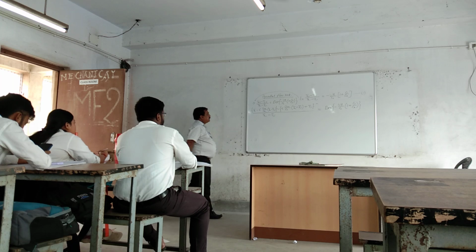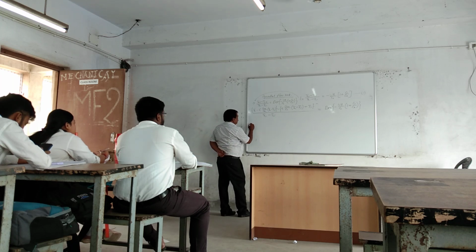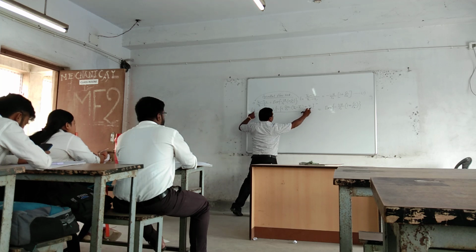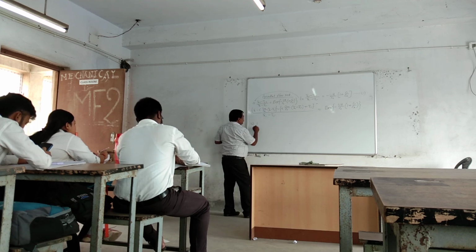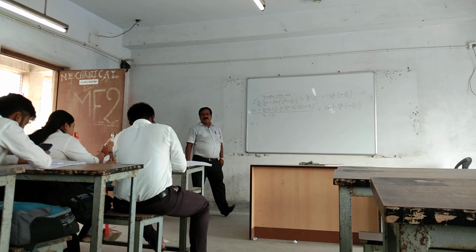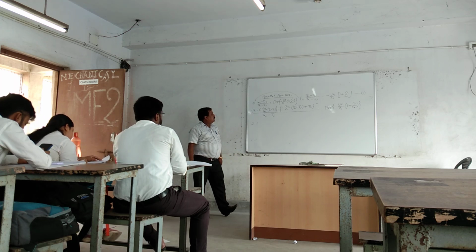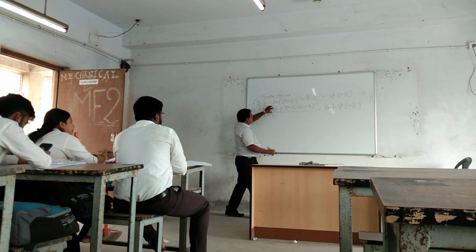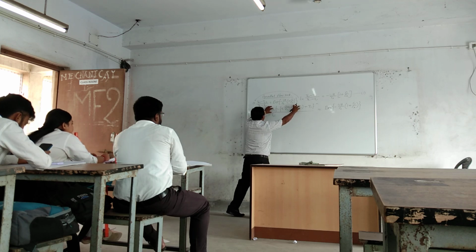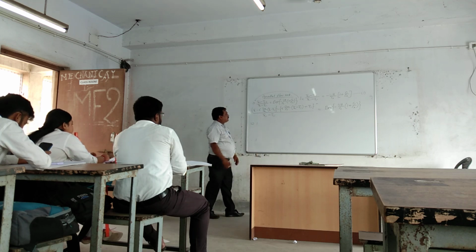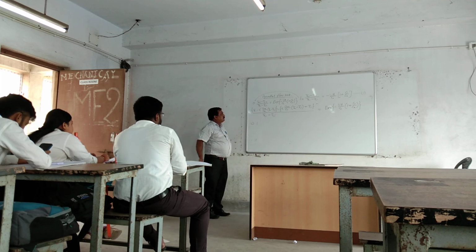Clear? We are simplifying it once again. See, this THI minus TCI and this THI minus TCI, we are taking as common factor, multiplied by epsilon into C min.